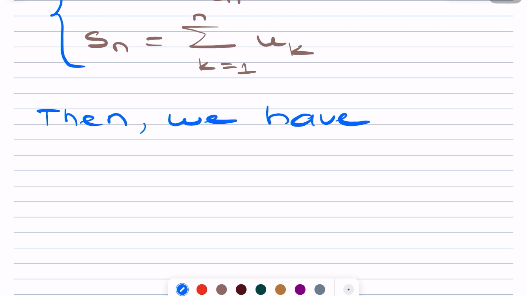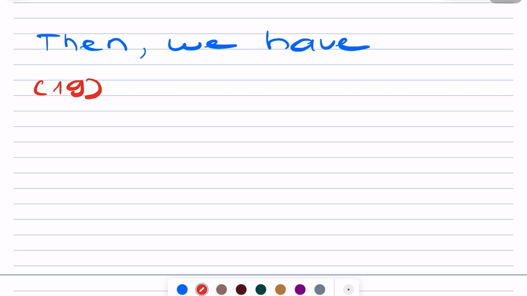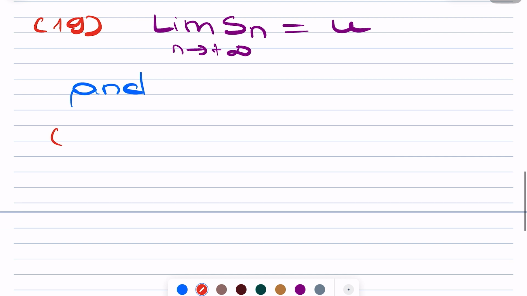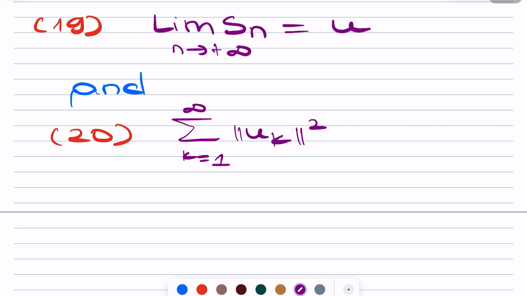we have, we call it 19, the first relation: the limit of Sn is equal to u as n goes to plus infinity, and the summation of the norm of uk squared, k running from 1 to infinity, is equal to the norm of u squared, right?